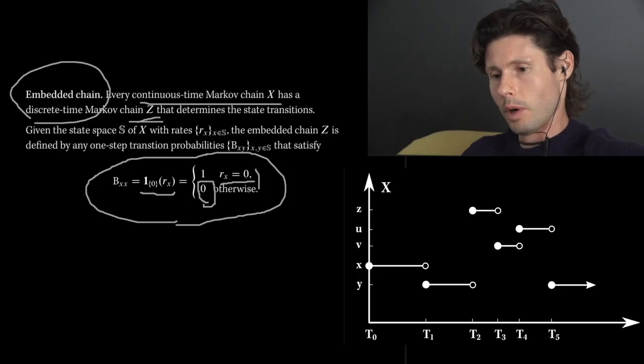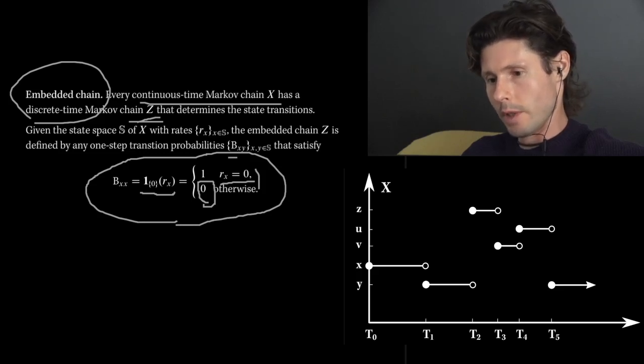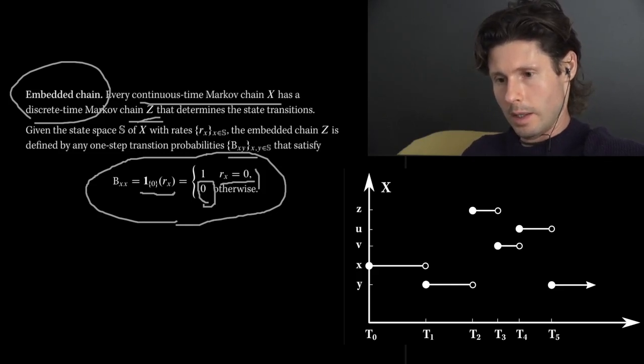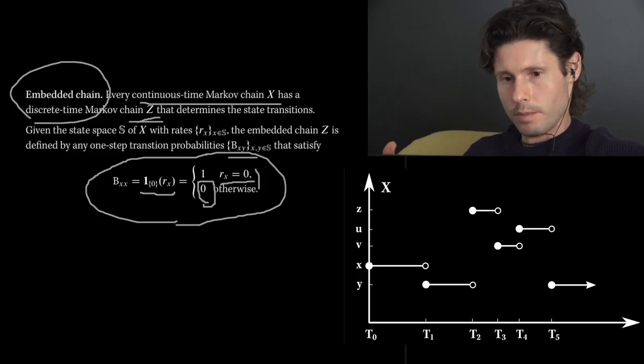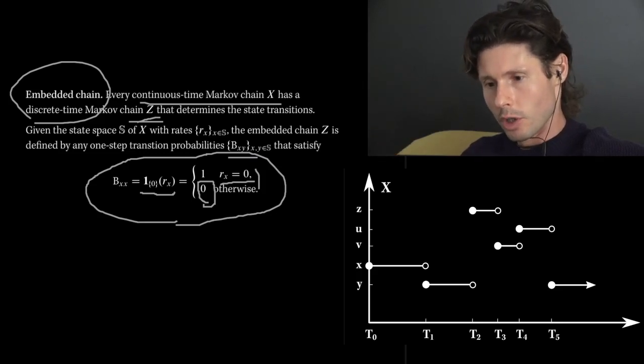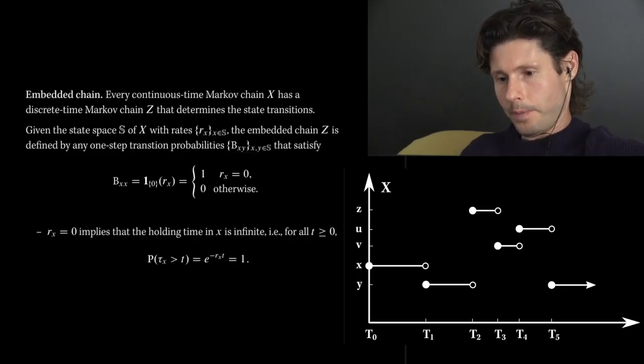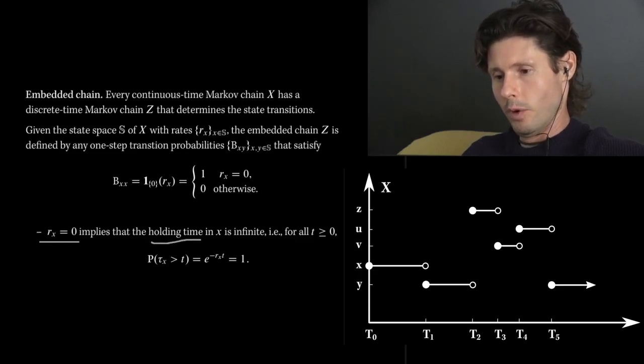So the one-step transition probabilities for the embedded chain, which I'm calling here B_xy, are just what you would expect from a discrete Markov chain, with this one change that you can have no self-loops, and anytime you put in a self-loop, your associated rate for that state better be 0, which indicates we stay in that state forever. And that's what I wrote here. R_x = 0 implies that the holding time is infinite. Holding time is another name for waiting time.